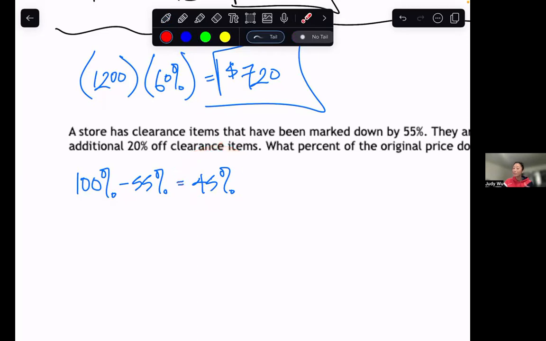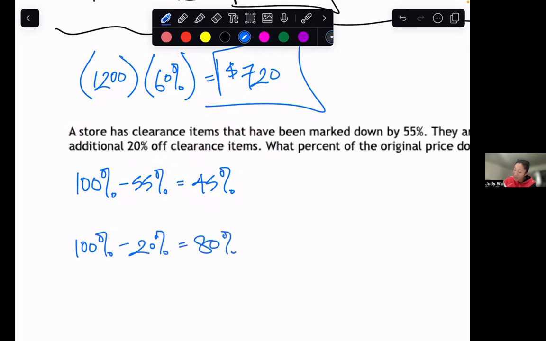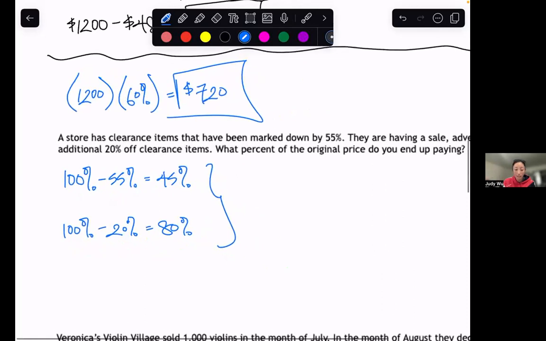But then it turns out that those clearance items are an additional 20% off. Okay, well, what's 100% minus 20%? Well, that's 80%. Okay, so the extra 20% means I only pay 80%. Okay, but because I get both deals, I actually have to multiply these.